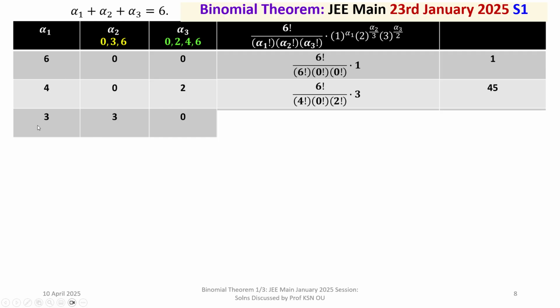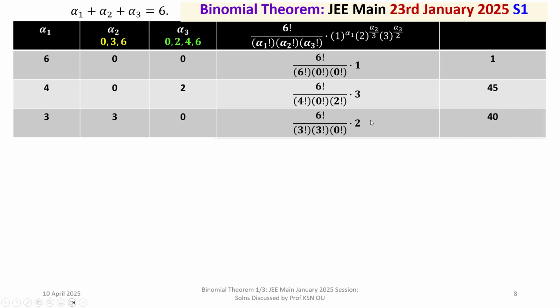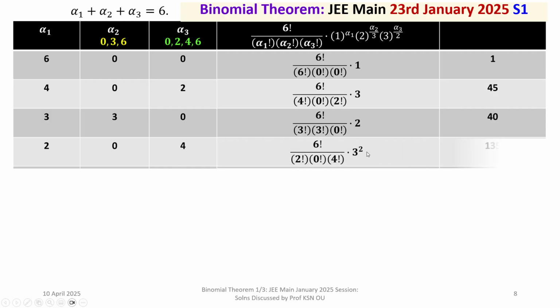So alpha 1 is 3, alpha 2 is 3 and alpha 3 is 0: 3, 3, 0, sum 6. So this is what we get and this is 40. Now with the 2 we have exhausted the possibilities with 0, 4. These are the possibilities, 135. And one may say 2, 3, we don't have a 1 here.